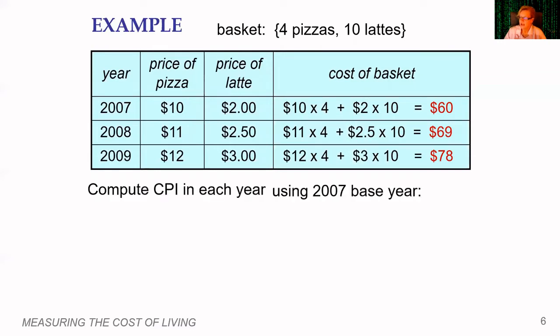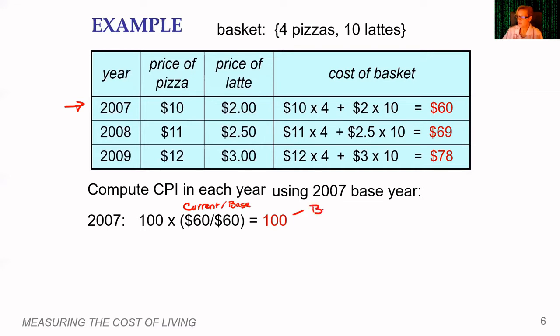Compute the CPI in each year using 2007 as a base year. So we're going to use the first year that we're given, and we're going to take the current year divided by the base year. Okay? So for 2007, we take the current year, 2007, divide it by the base, multiply it by 100, and this is 100 basis points because we're expressing everything in 2007 dollars.